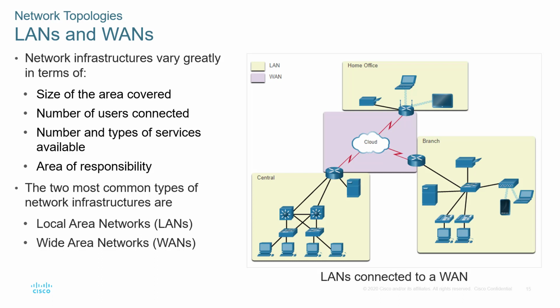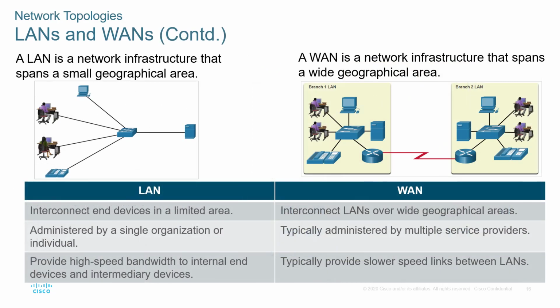Those would be other forms of network types. But again, when we first learned about this, we learned about just the major two, LAN and WAN. A LAN is going to be small, limited, kind of a single organization. A WAN is going to be a larger geographical area.